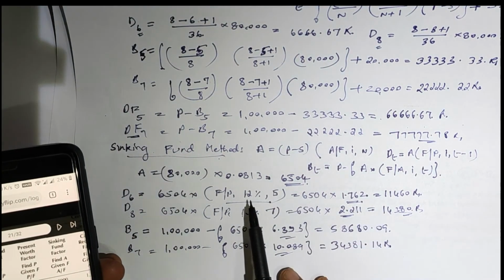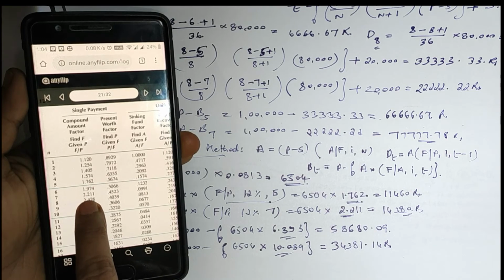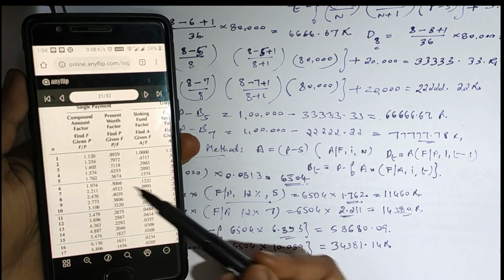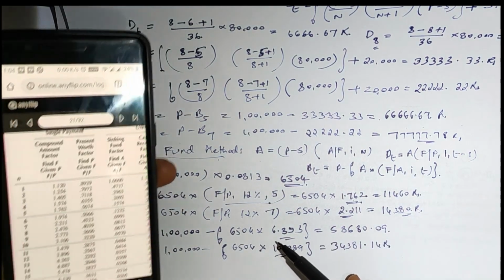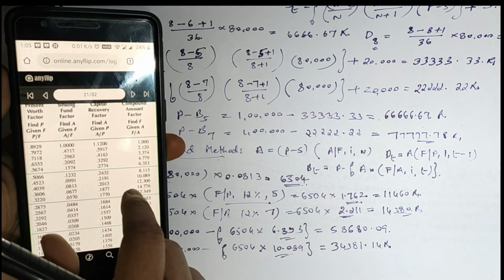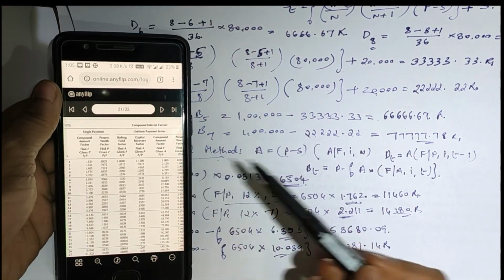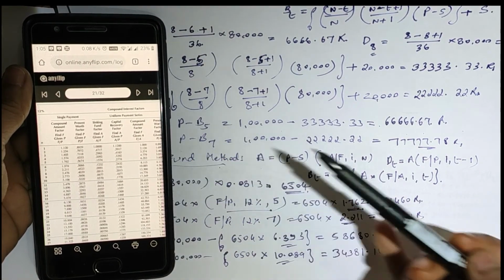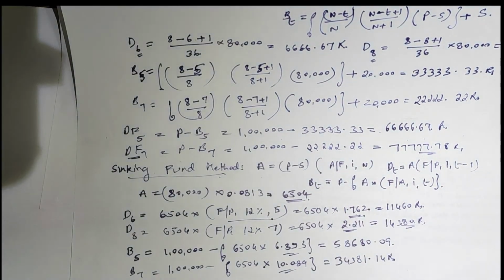Next is F given P 12%, and 5 years, 1.762. Similarly for 7 years, 2.211. Next is F given A, here T is 5, 6.353. Similarly for 7, 10.089. So that's how we get these values.